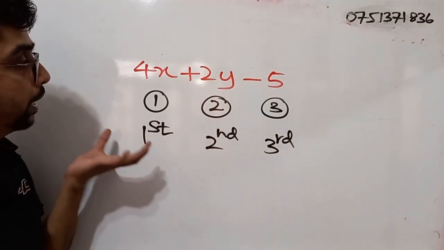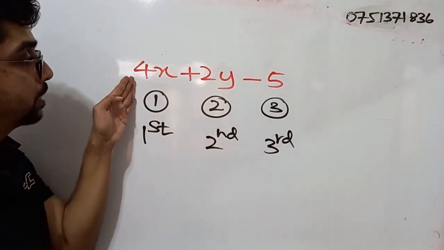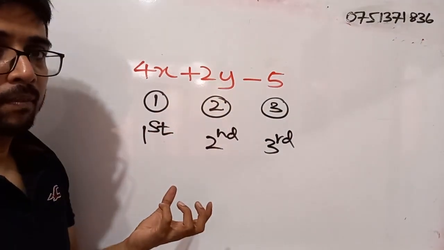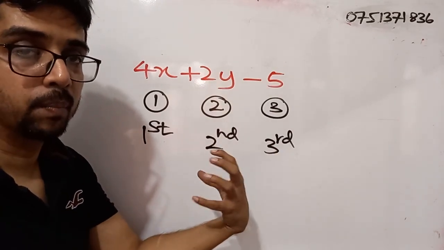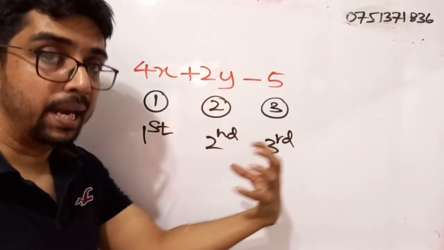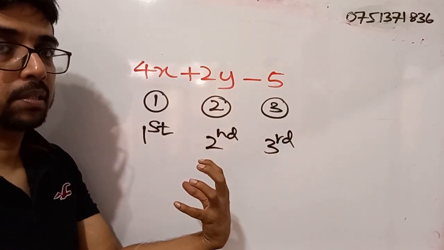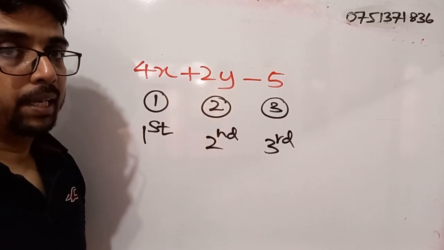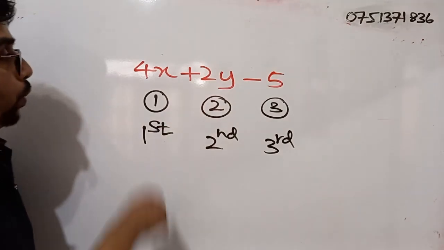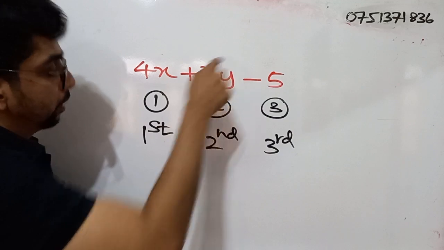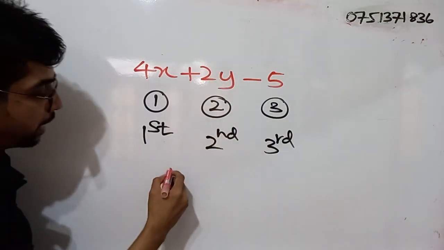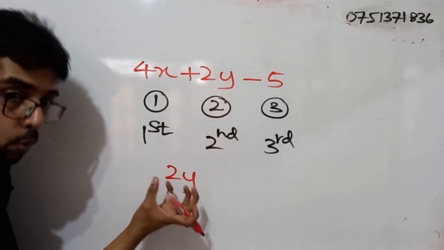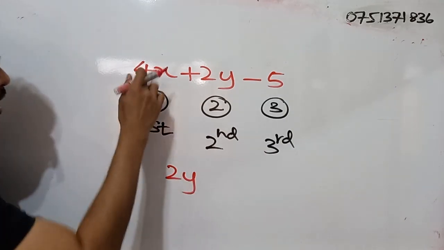Most of the time, we can easily identify terms because they are either added to or subtracted from the algebraic expression. So this entire 2y, this grouping, is a term. 4x.